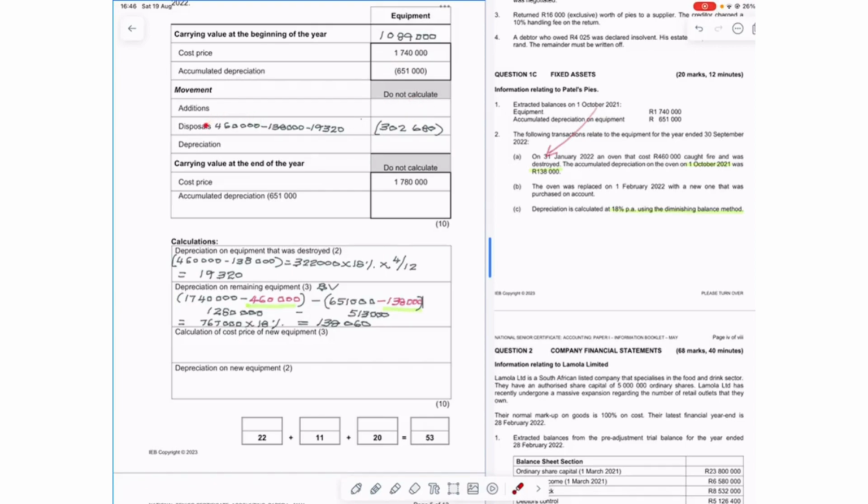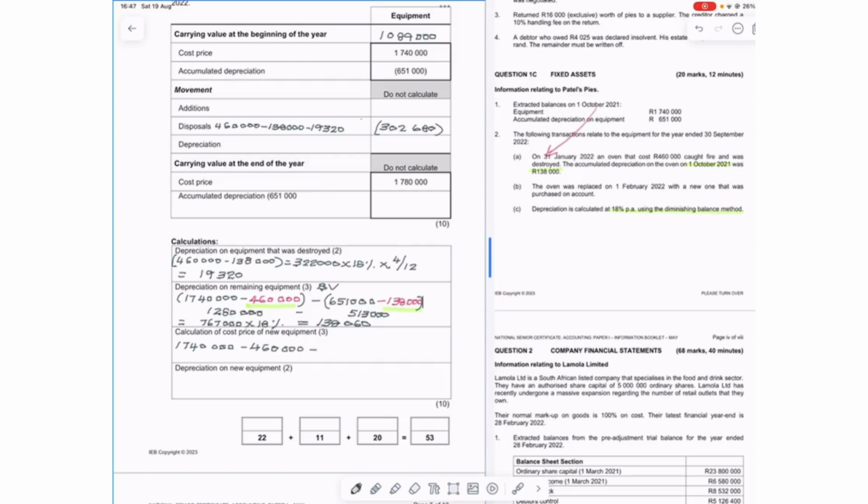There's the cost price of the equipment that was sold, and then we've got the cost price at the end of the year. So the cost price of your new equipment: take your cost price at the beginning of the year, which was 1,740,000. You're going to subtract the cost price of your disposal, which was 460,000.